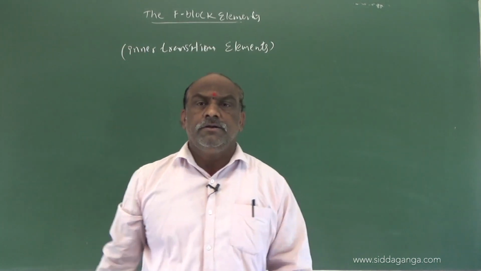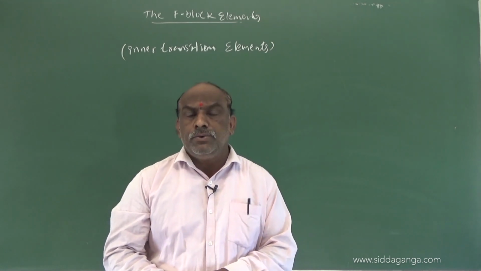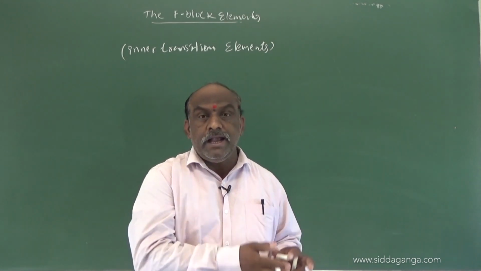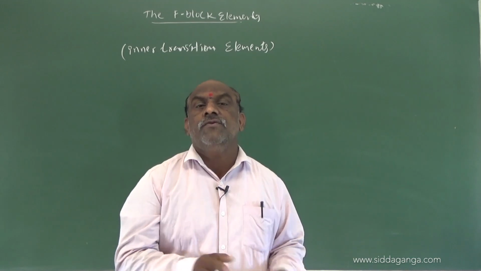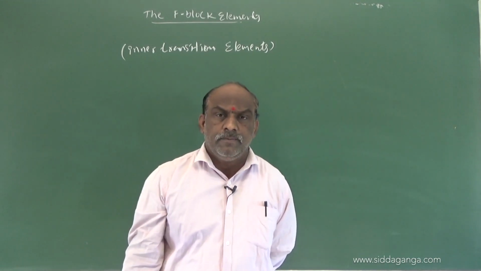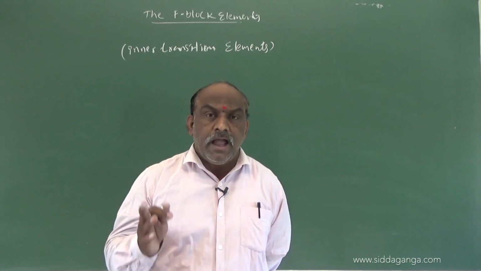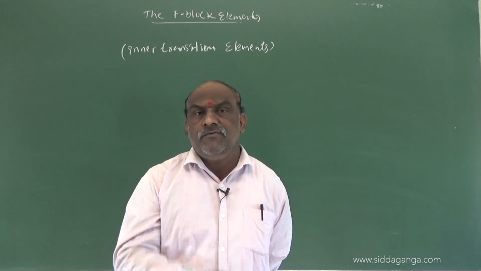Differentiating electron enters into the anti-penultimate shell of F orbital. Ultimate shell is S orbital, penultimate shell is D orbital, anti-penultimate shell is F orbital.